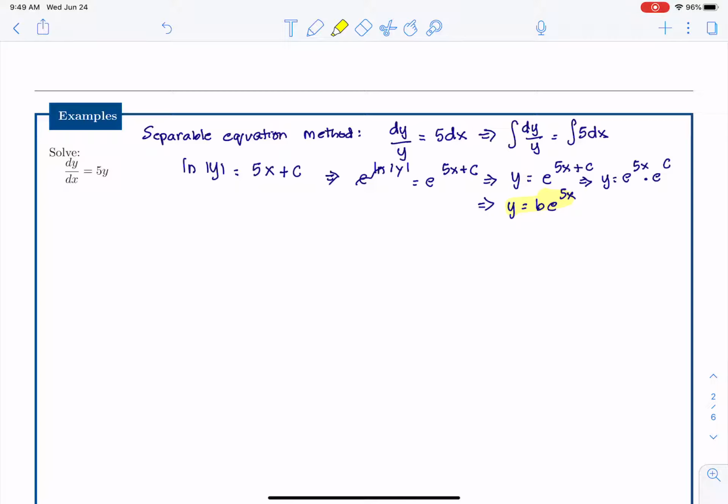Now let's see how we can complicate this by using integration factors and such. So the same problem can be done using the linear equation approach that we just went over, and we have dy over dx plus 0 times, minus 5 times y equals 0.